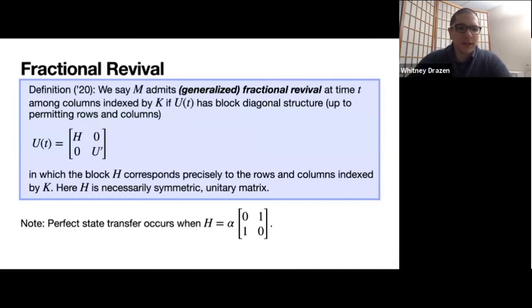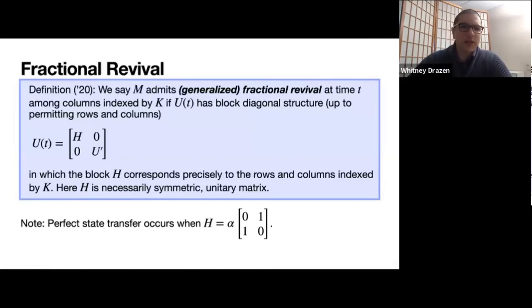And since U of t is symmetric and unitary, by the block form decomposition, so is H, and so is U prime of t on the bottom right. The relationship to perfect state transfer is that if we prescribe that H is alpha times the anti-diagonal 2 by 2 matrix, then this is exactly equivalent to the definition of perfect state transfer.